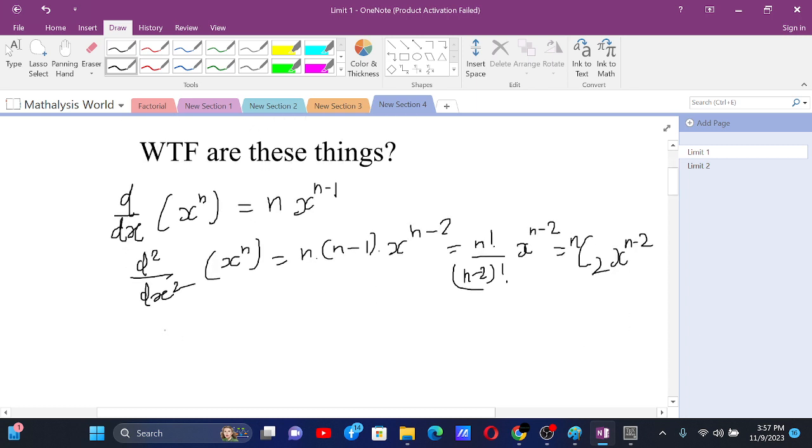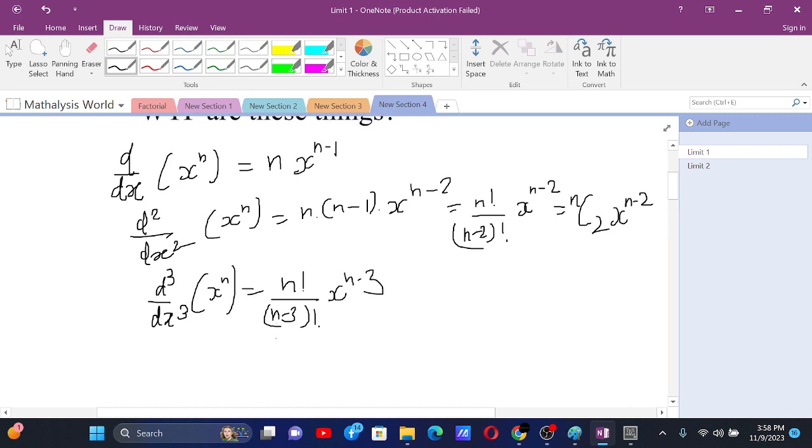Okay, so now if we have d cube by dx cube of x to the power n, that will just be n factorial by (n minus 3) factorial times x to the power n minus 3.